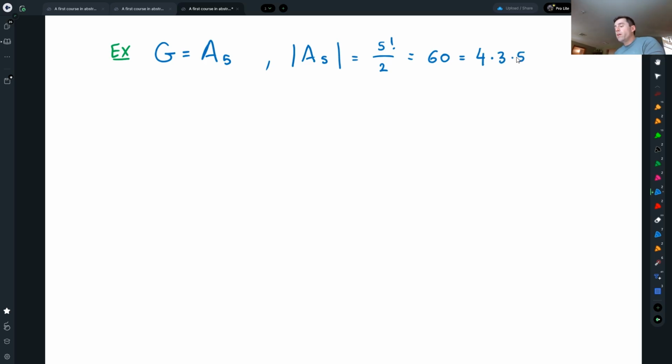So there are going to be 2-Sylow subgroups, 3-Sylow subgroups, and non-trivial 5-Sylow subgroups. The 2-Sylow subgroups are of order 4, while the other ones are of order 3 and 5.